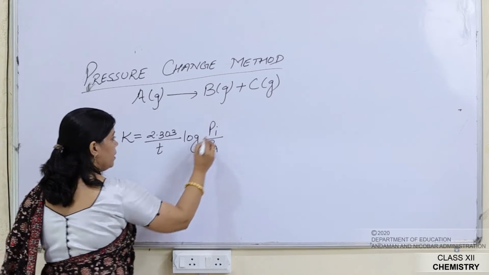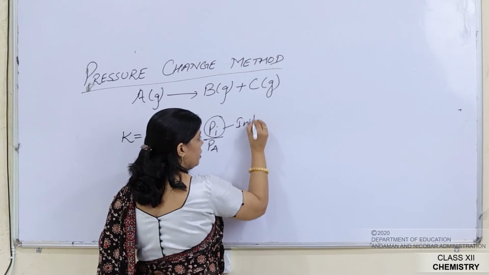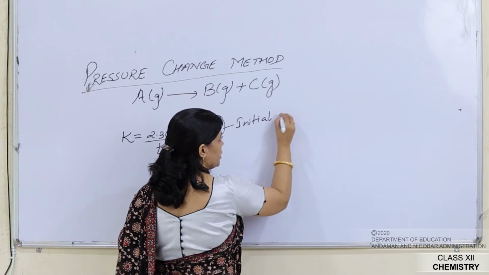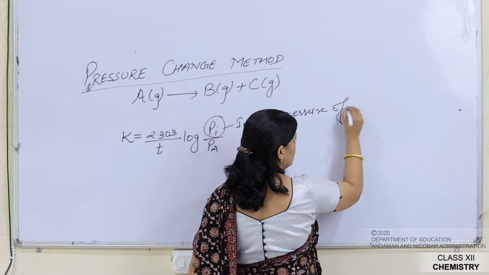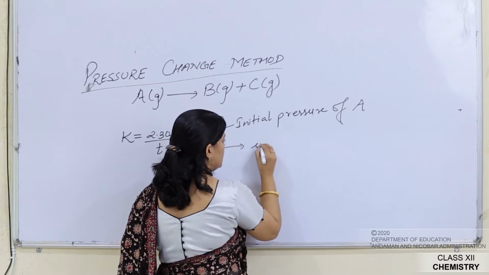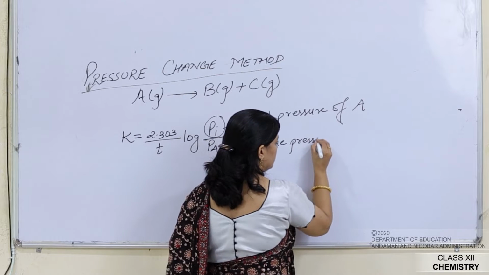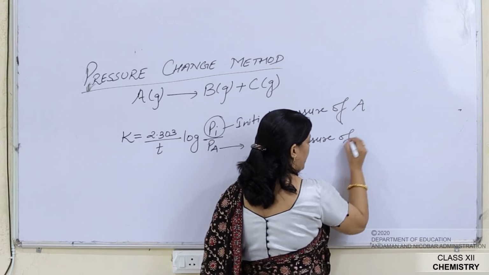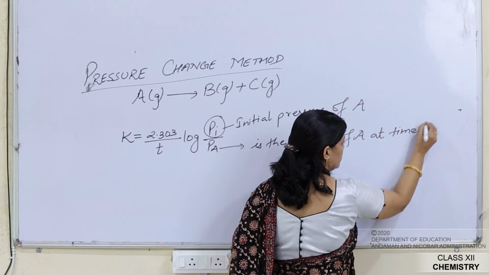Here Pi is the initial pressure of A, and Pa is the pressure of A at time t.